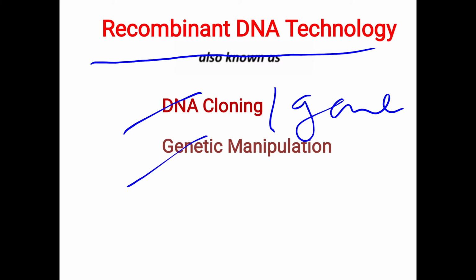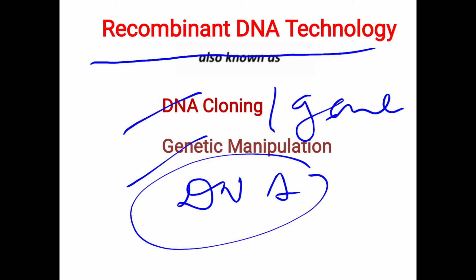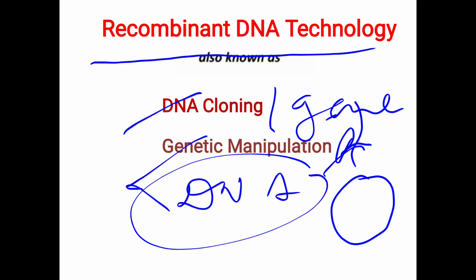In this technique we are recombining two DNA molecules from two different organisms and making a new DNA, that is recombinant DNA. That's why it is known as recombinant DNA technology.